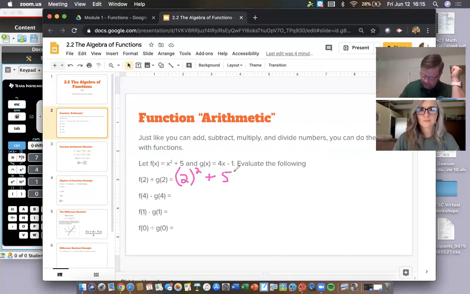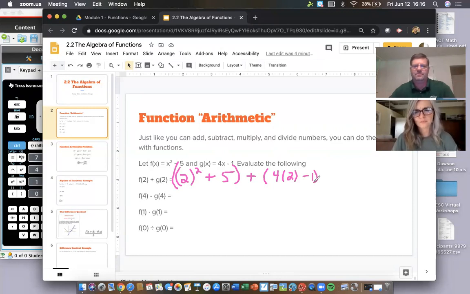And that's going to give me f of 2. I'm going to put this in parentheses here. That's f of 2. And to that, I'm going to add 4 times 2 minus 1. Now I got to do lots of great arithmetic.